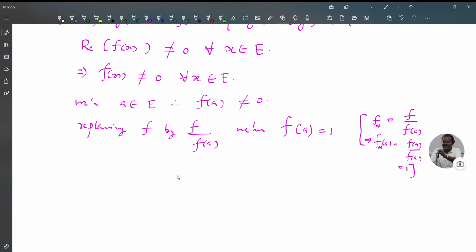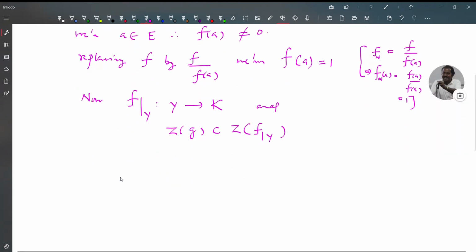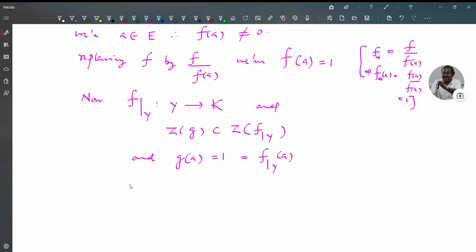Now f restricted to Y is from Y to K, and the zero space of g is contained in the zero space of f restricted to Y, and g of a equal to 1, that is equal to f restricted to Y of a, because f of a is always 1, and our choice of a is in Y such that g of a equal to 1.